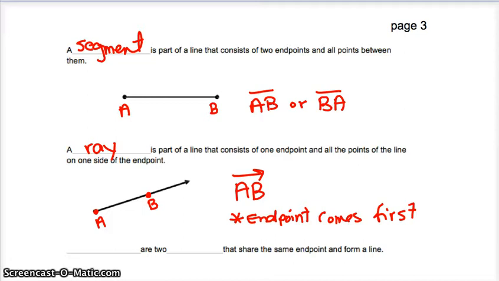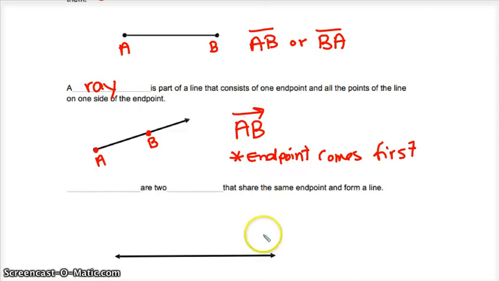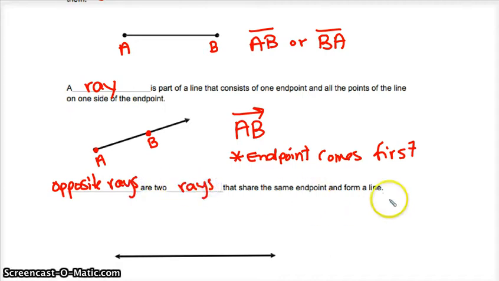Now, we can also talk about what are called opposite rays. Opposite rays are two rays that share the same endpoint and then form a line. So let's throw some points on this down here, and we're going to call the point in the middle X, and then to one side I've got point A, and to the other side point B. So I have two opposite rays here.